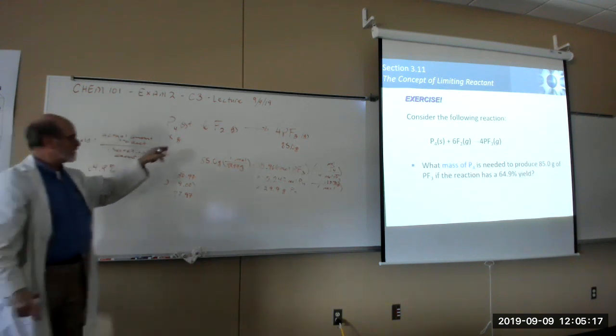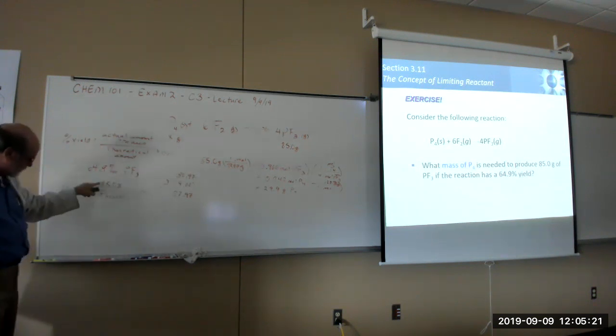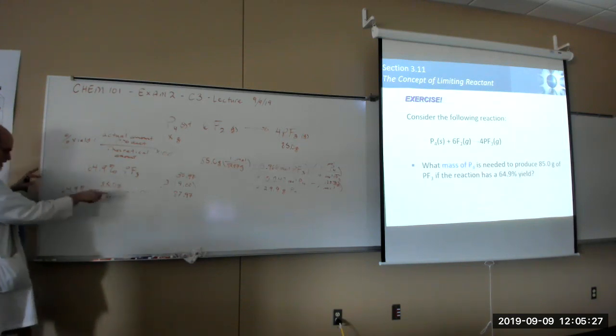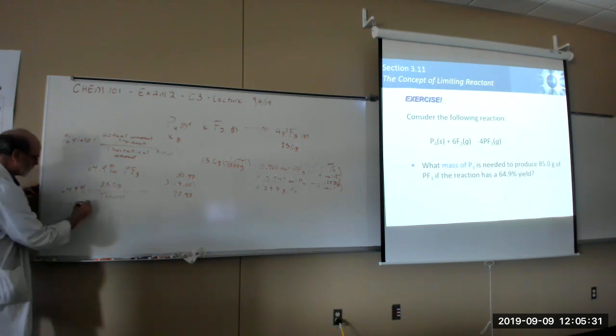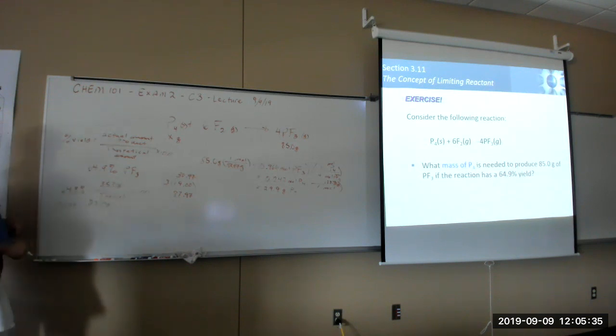And that means we need to react that much here to give us this much actual. So solve the equation. 100 over here, divide that into it, is 0.649, equals 85.0 divided by theoretical.